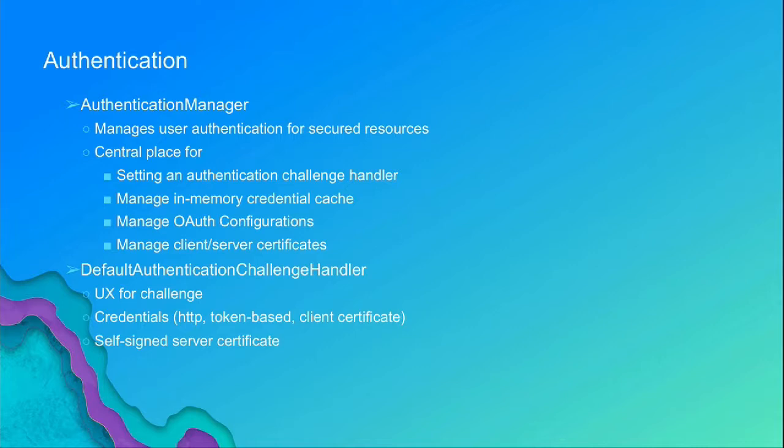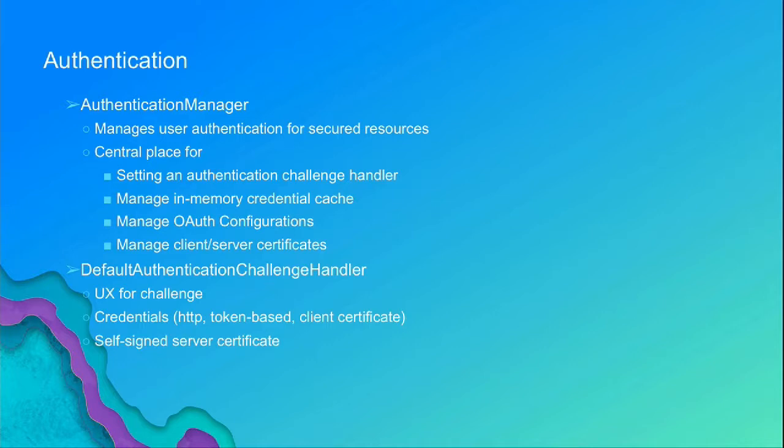This authentication manager is a central place that allows you to set a ChallengeHandler to handle all kinds of challenges. For example, when you access a token-based secure resource, or you want to access a portal or services secured by PKI, a challenge will be invoked, and you need to set a handler to handle this challenge.